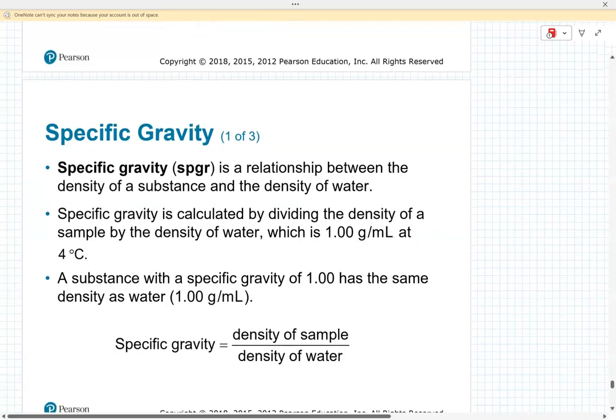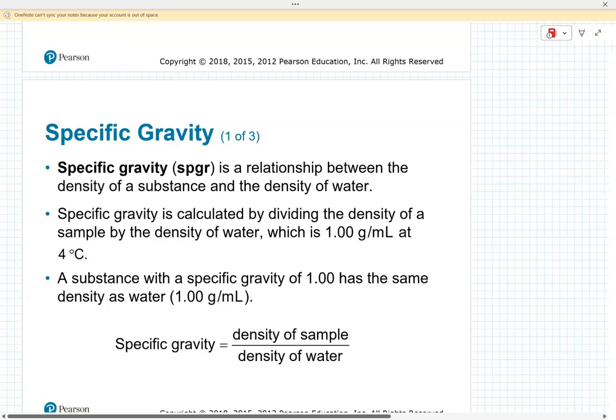Yeah, we're gonna finish specific gravity. I'm gonna say something nice to you, and then I'm gonna kick you out. We assume that the density of the water is 1 gram per mil. Strictly speaking, it's 1 at 4 degrees, and it becomes less than that whether you go below or above.